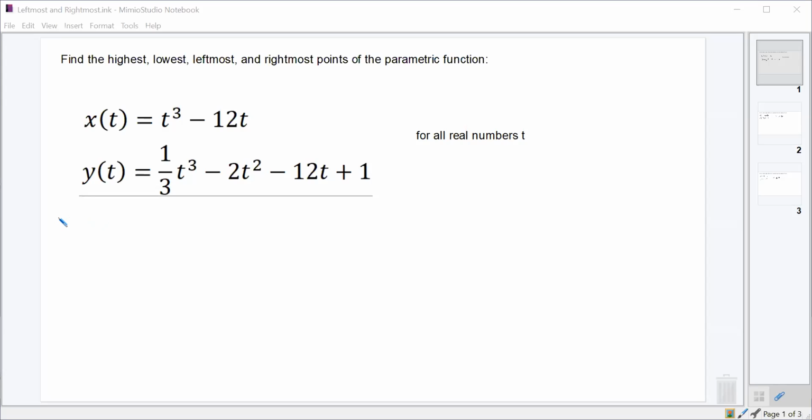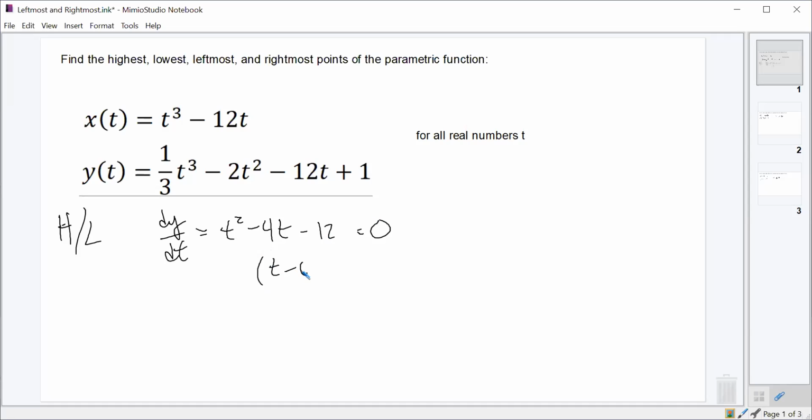All right, so we're going to do highest and lowest first. So we want to find dy/dt. What's dy/dt? t squared minus 4t minus 12. Clearly never undefined. So when does it equal 0?